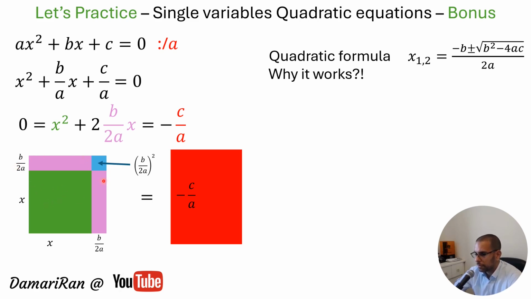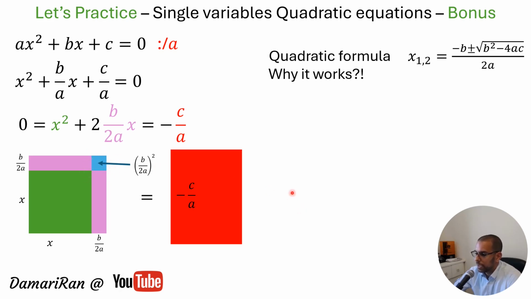So now we have a complete square here, and this line was x, but now it's x plus b over 2a, and this one used to be x, but now it's also x plus b over 2a.